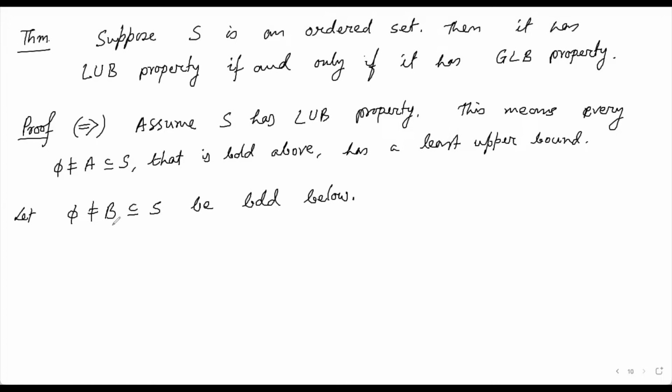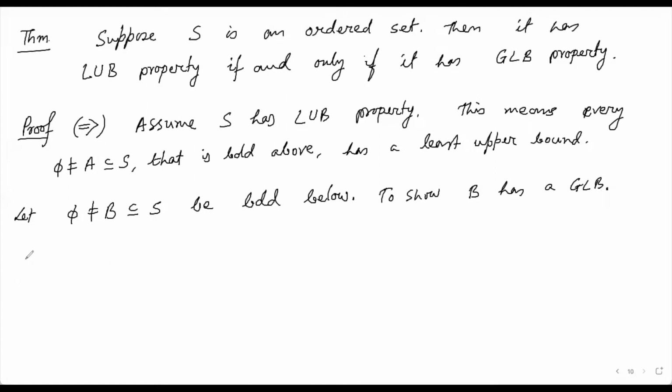So this is an arbitrary subset of S which is bounded below. What do we need to show? To show B has a greatest lower bound. This is the forward part.